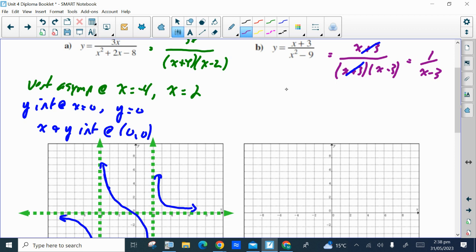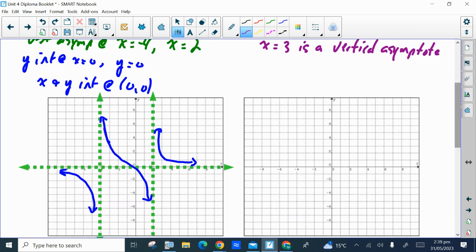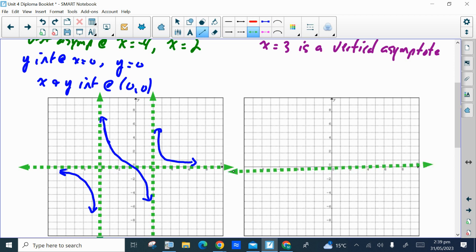But before we get there, we still have a denominator of x minus 3. So x equals positive 3 will be a vertical asymptote. Once again, the degree of the top is less than the bottom, so the x-axis will be a horizontal asymptote.